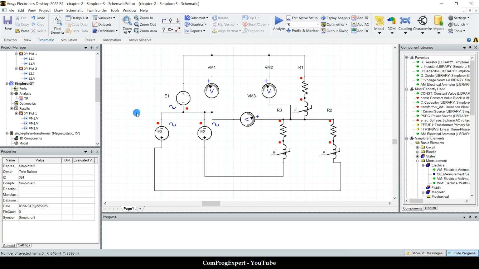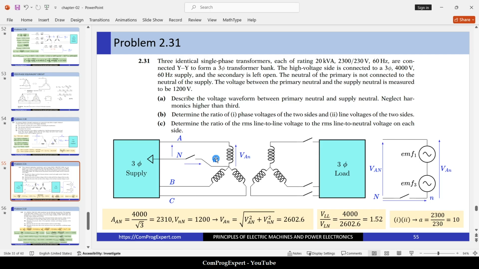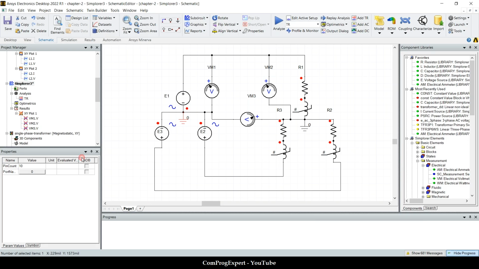But what if we connect this point to this point, the end point of this connection to the neutral of the supply, and rerun the analysis.